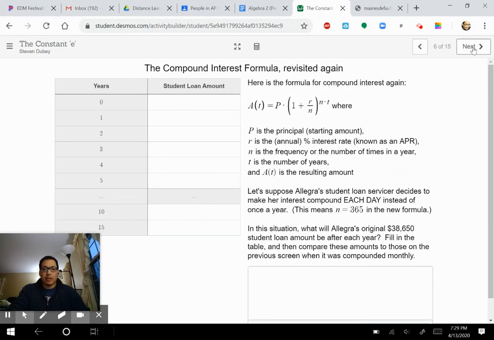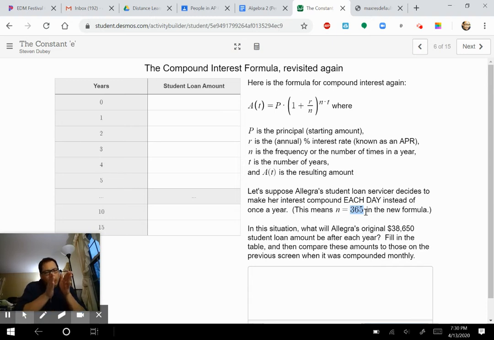Okay, let's see. Okay, what happens now? Here's the formula again. Just to get some more practice here, you know what? I'll take this slide out in the one that I send out to you guys. I don't need you to go through and do this all again. What I was going to do is say, what happens if it gets compounded each day?